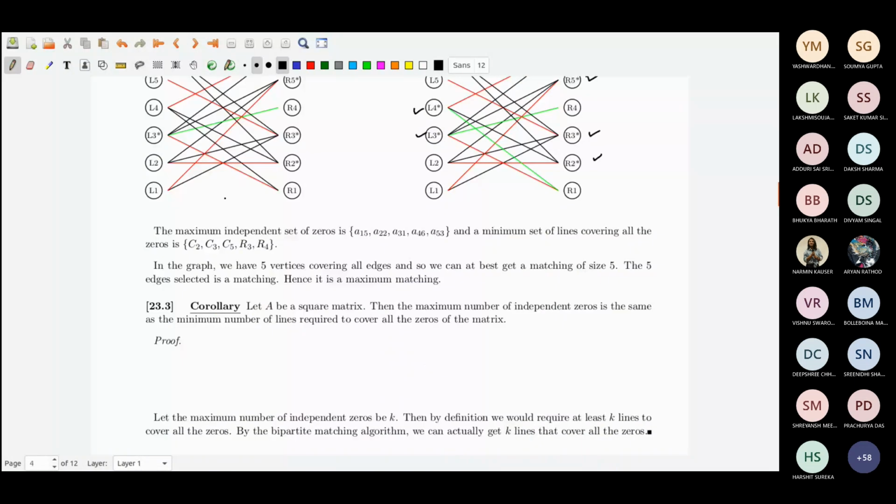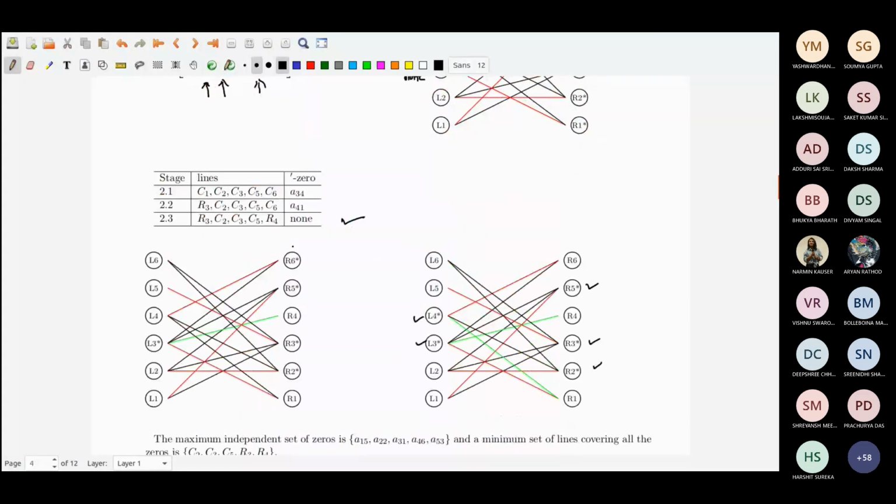So then there comes a corollary. Excuse me, sir, I have a small doubt. When we're writing the stages, we're selecting the prime zeros. So there also we should follow the northwest rule, right, if we have a choice? Yes, please, because otherwise you are 190 students and I will have a tough time seeing what you are doing.